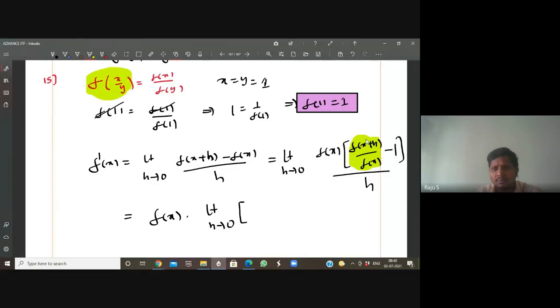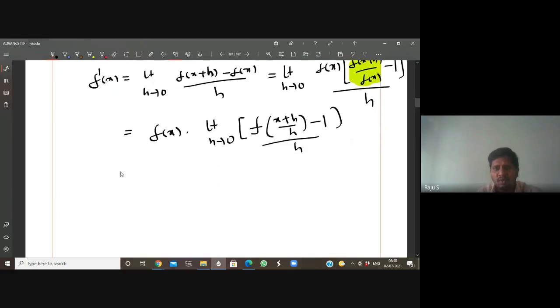It is in the form of RHS. What is RHS? f of x by f of y can be written as f of x by y. Shall I apply this given condition here? It is in the form of RHS. So it can be written as f of x plus h by x minus 1, all divided by h.